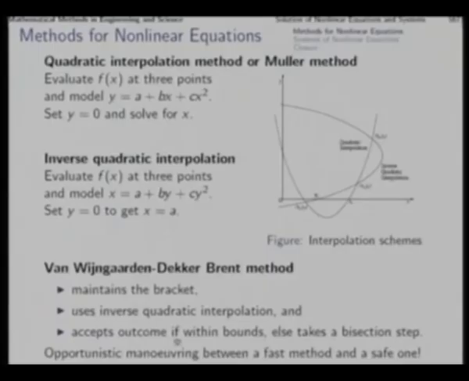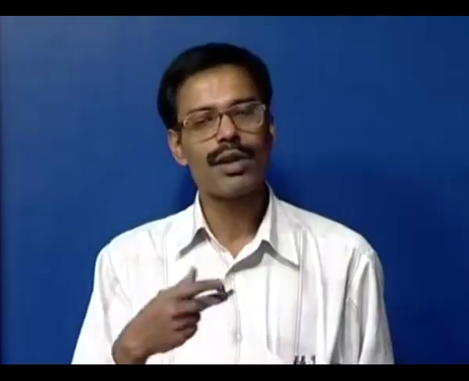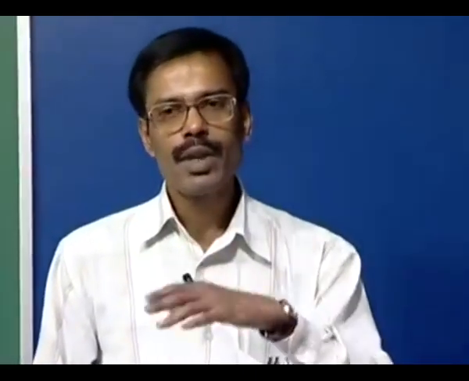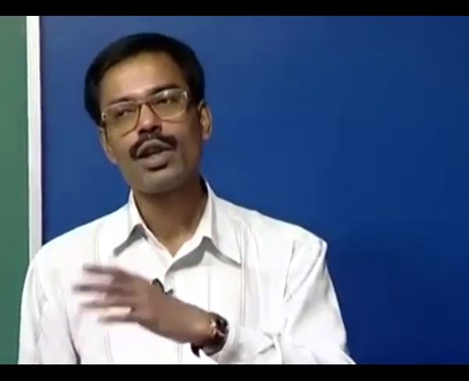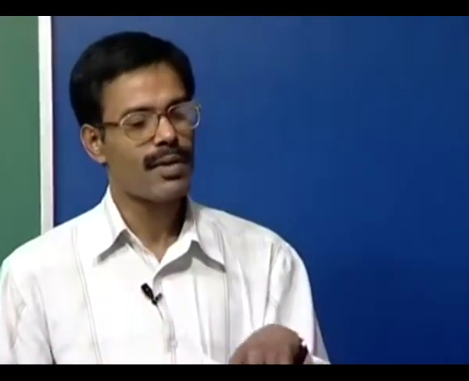So, this is a kind of opportunistic maneuvering between a fast method and a safe method. This kind of situation we will come across quite often when we go into the optimization methods. In this context, it can be noted that many of the equation solving processes are deeply related to many of the corresponding optimization processes. They have the same background of the iterative schemes.